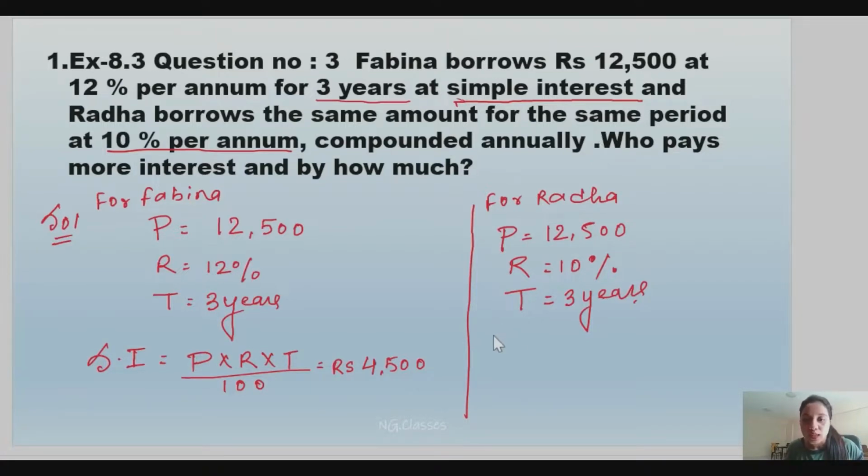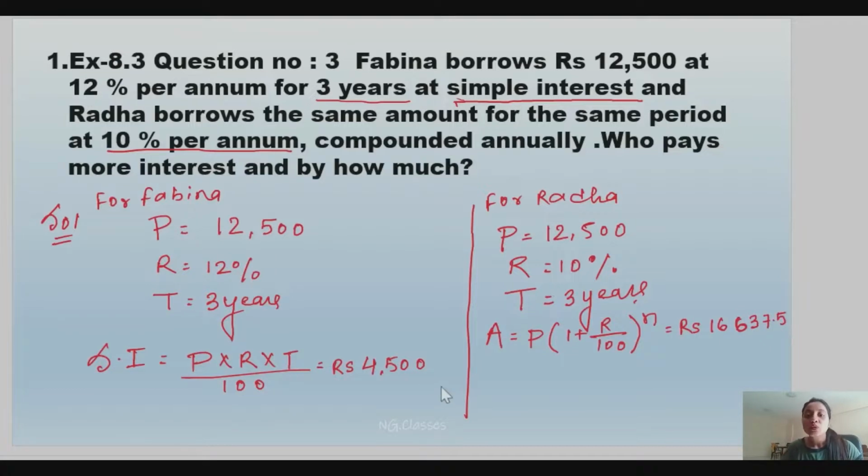Okay, so calculate the amount at first, that is principal times (1 plus rate by 100) whole power n. Calculate it. It will be rupees 16,637.5.